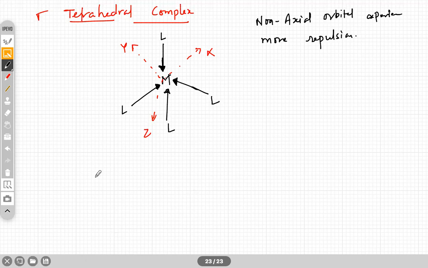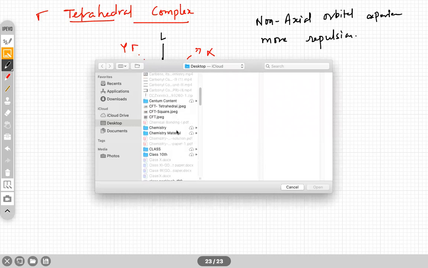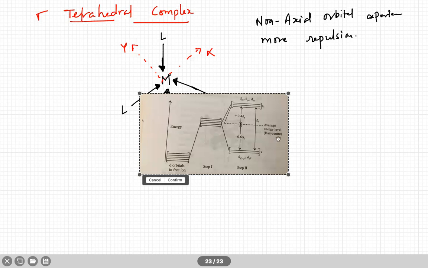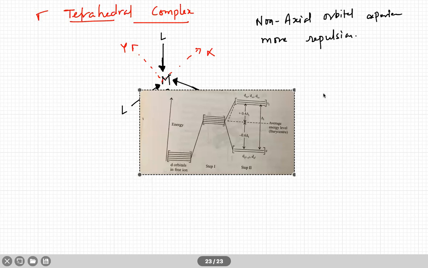So if you look at the splitting of these orbitals, the splitting is like this. See, CFT tetrahedral is just the reverse of the octahedral complex.